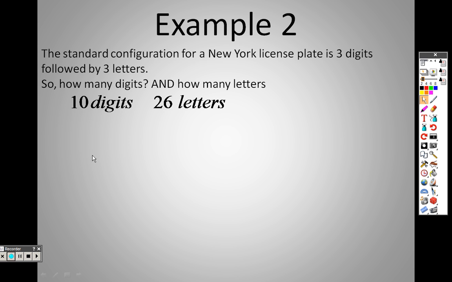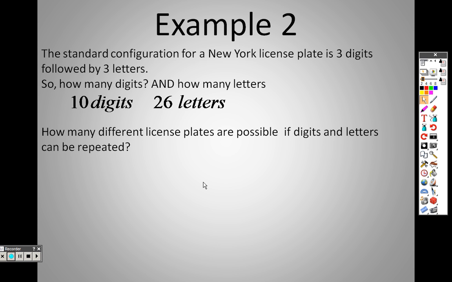So now that we know how many digits and letters there are, how many different license plates are possible if digits and letters can be repeated? So it says a license plate is 3 digits followed by 3 letters. So if I can repeat, how many choices do I have for the first number in my license plate? I have 10 choices.